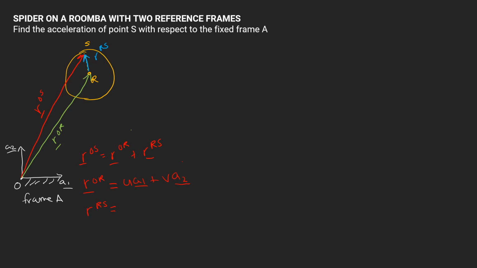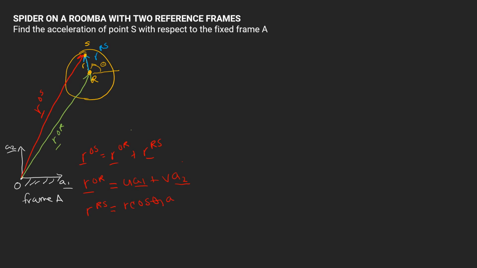We assume we know the orientation here, this theta value, so what the orientation of this robot is, as well as the length of this vector. So what is the distance between the spider and the center of the robot? We'll call that R.